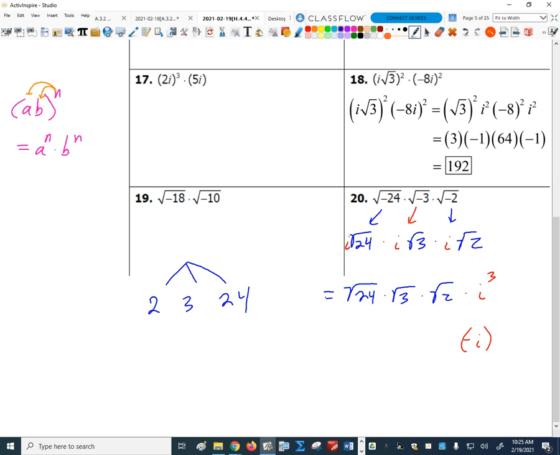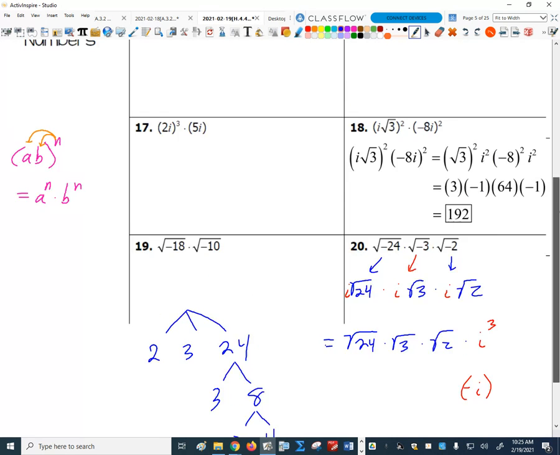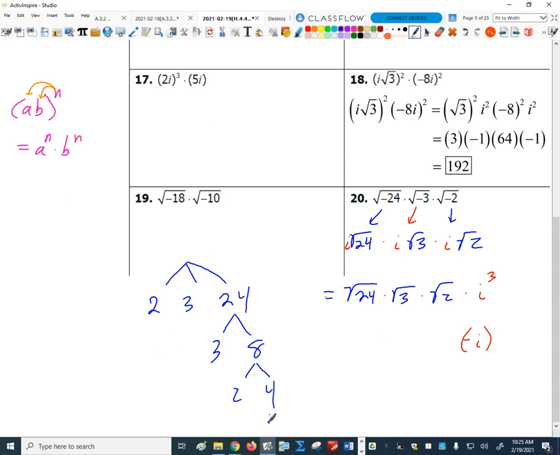Those are both prime. I've just got to break the 24 down, right? So 24 I could break down into 3 and 8, 8 into 2 and 4, and 4, I'm all the way at the bottom, into 2 and 2, right?